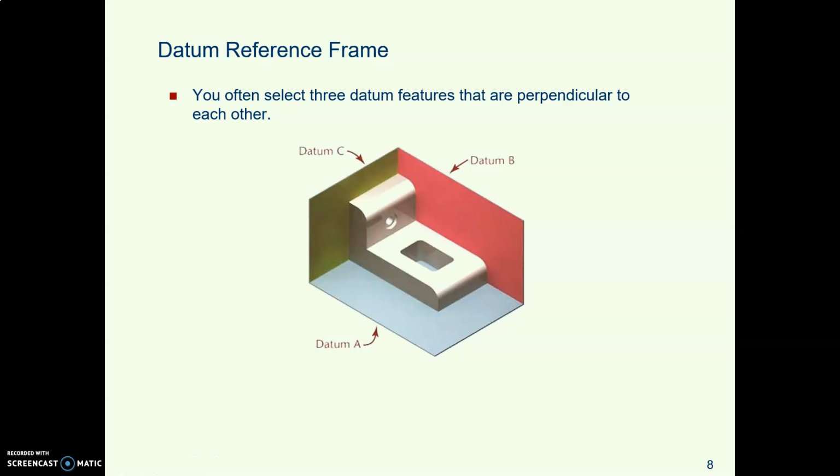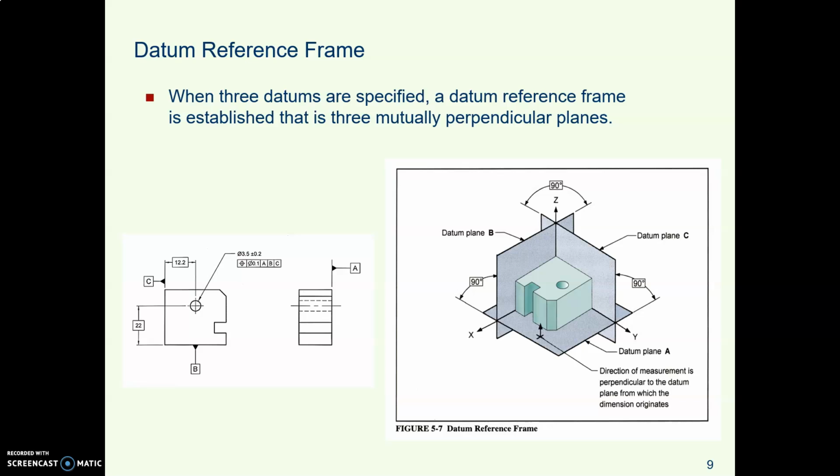Oftentimes, you will select three features that are at 90 degrees to each other. That's called the datum reference frame. That datum reference frame is three planes that are theoretically perfect and that are perpendicular to each other, and from which you will take measurements.